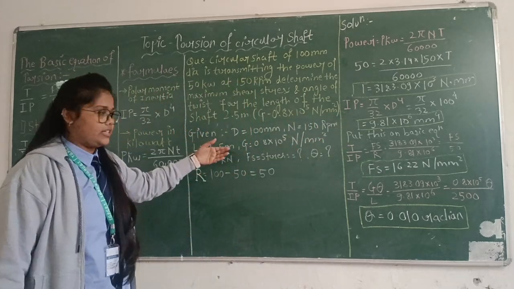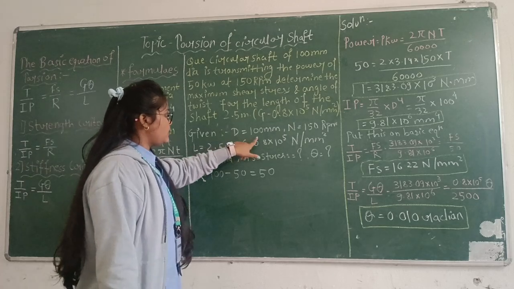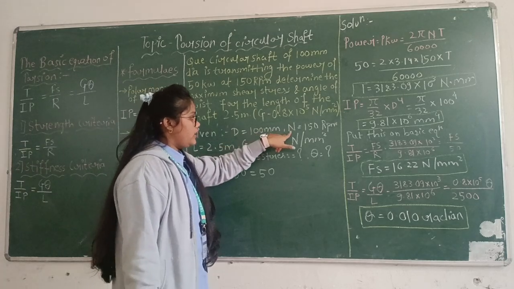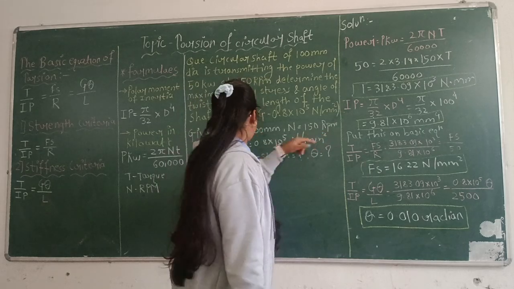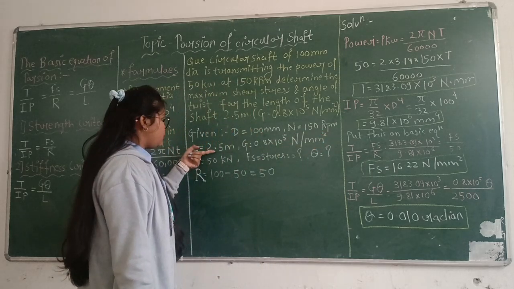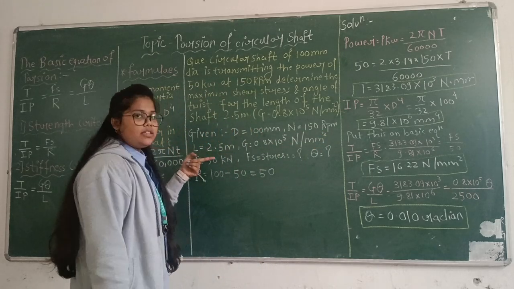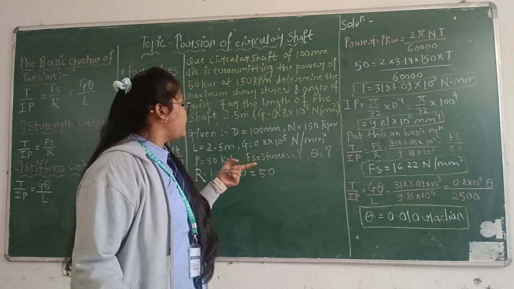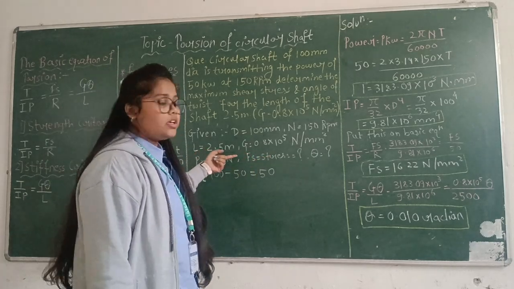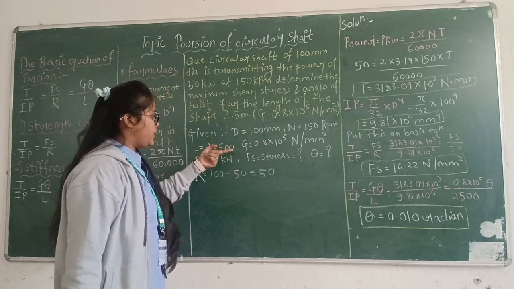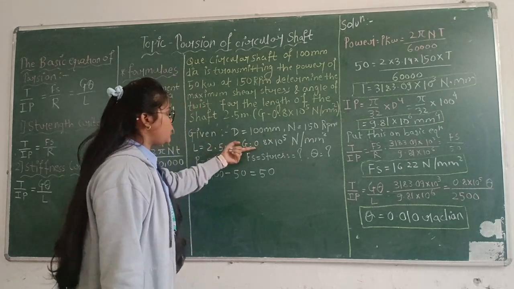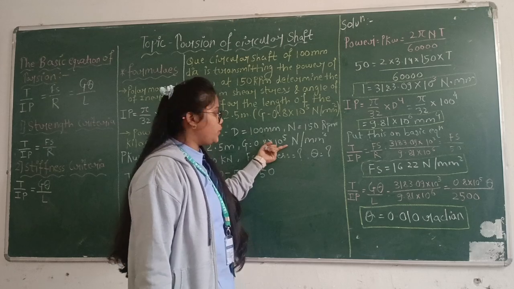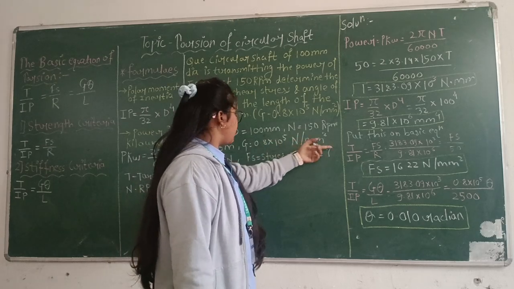The given data is: diameter is 100 mm, N is equal to 150 rpm, length is equal to 2.5 meter. Length is given in meter, so we convert it into mm, that is 2500, and G is given 0.8 into 10 to the power 5 Newton per mm square.